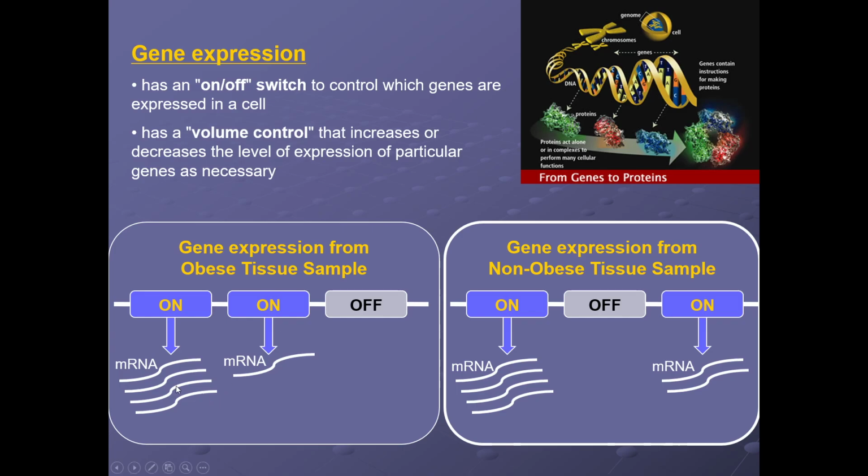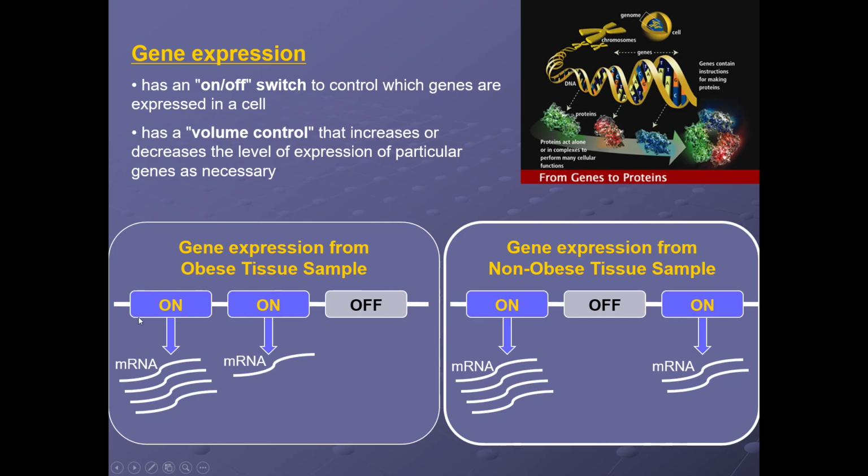Keep in mind also, I might have mentioned this last lecture, that the fact that both genes are on and making mRNA doesn't mean that these genes have 100% nothing to do with the development of the phenotype you're looking at. They wouldn't be analyzed in the first place, genes like this first one, which is on in this case as well as in non-obese tissue.